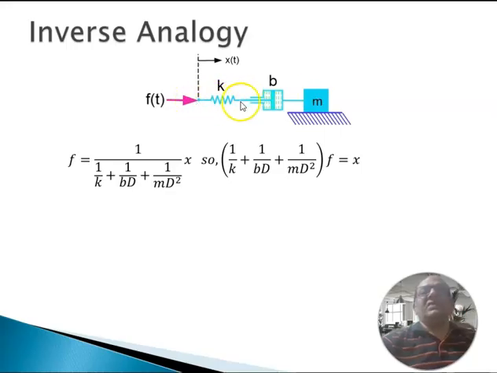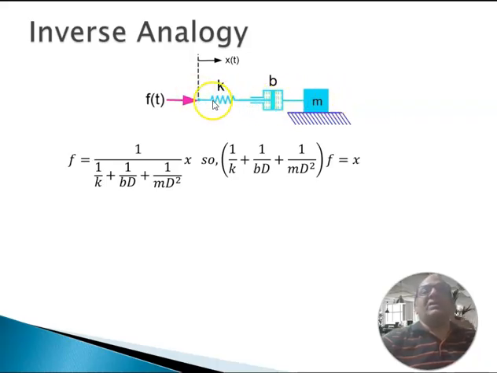Note, earlier we have seen that mass cannot be in series anywhere else except at the far end. Force is here at one end of the system, that is spring, damper, and at the far end you have mass. Thus this mass can be in series.